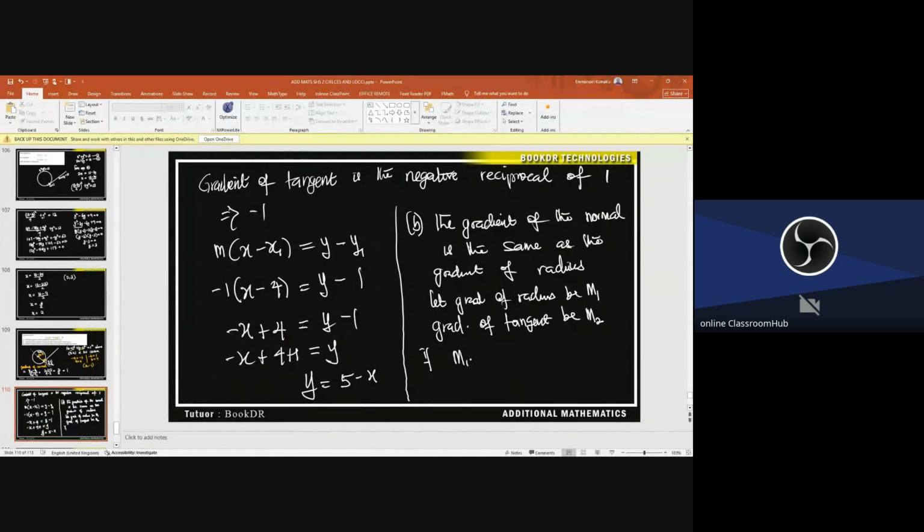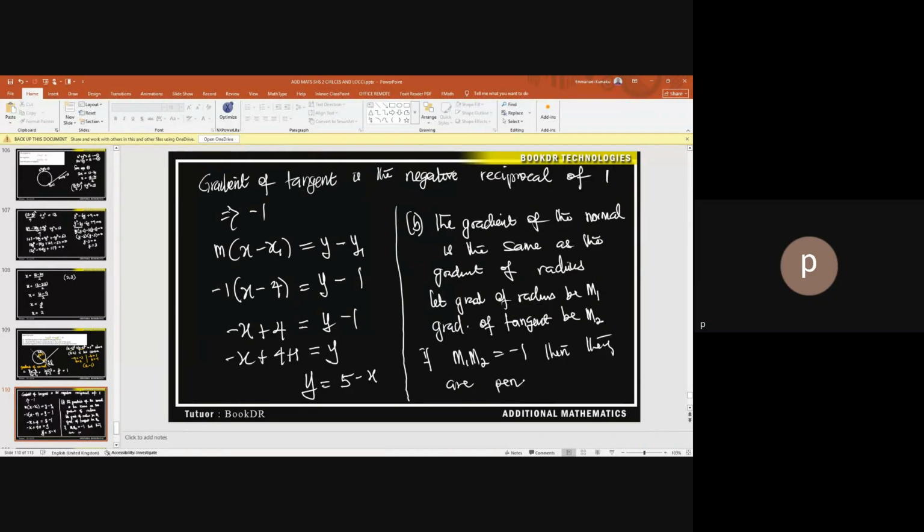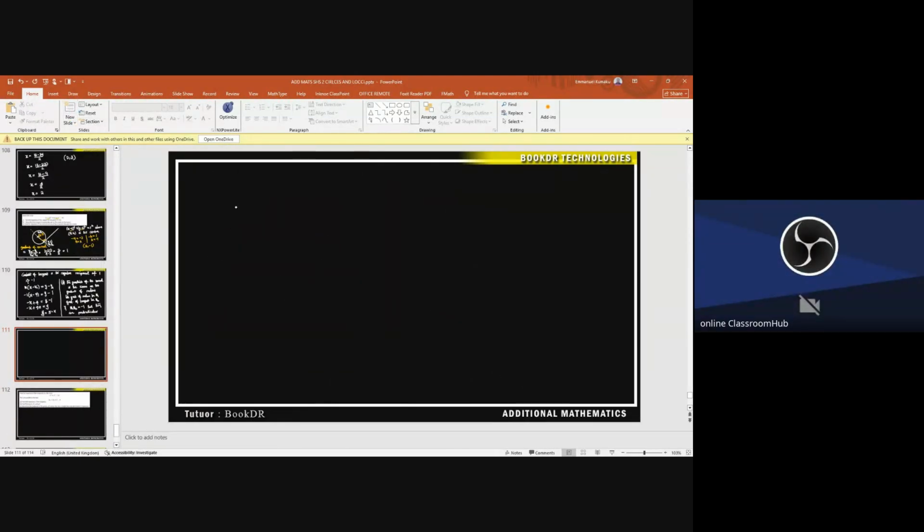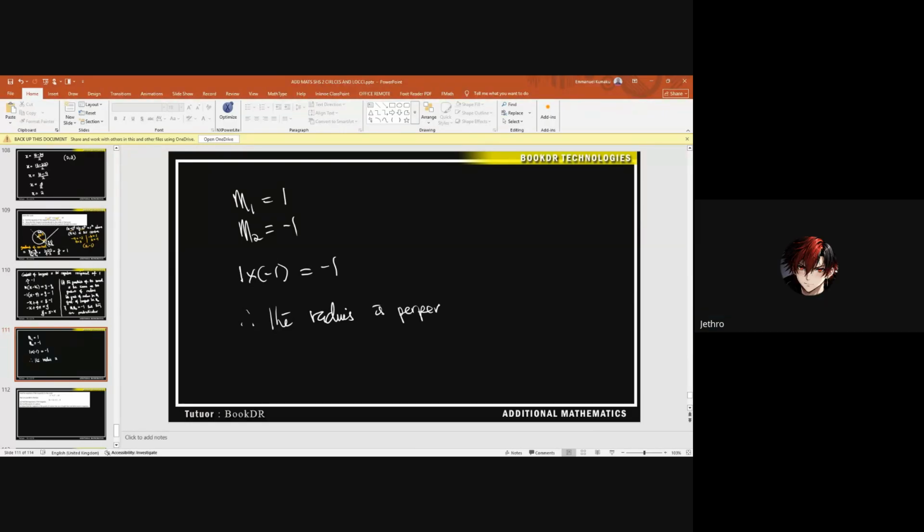If m1 times m2 is equal to -1, then they are perpendicular. And what is our m1? m1 is equal to 1, and m2 we saw as -1. So 1 times -1 is indeed equal to -1. Therefore, the radius is perpendicular to the tangent.